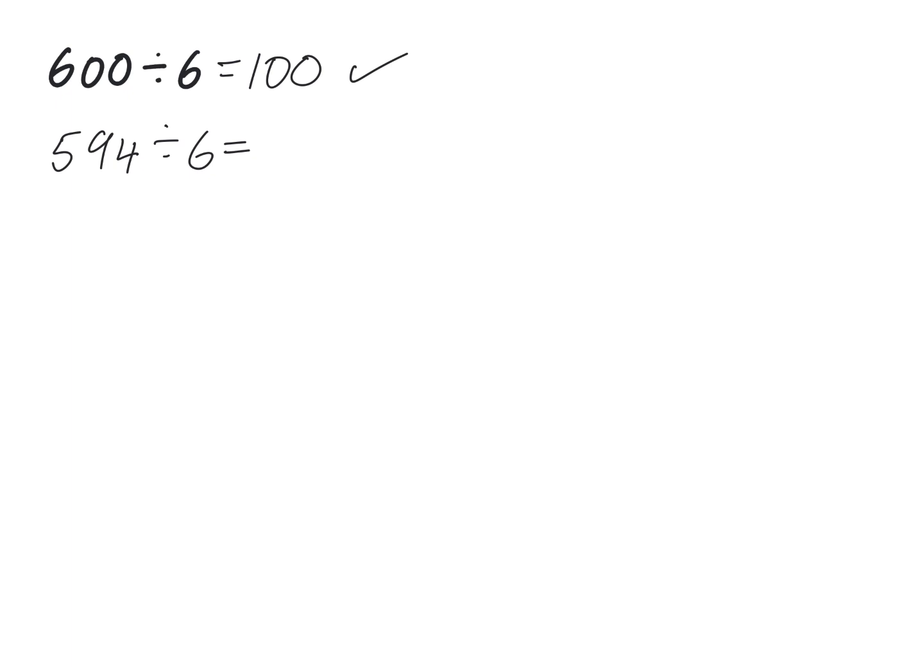594 divided into groups of 6 equals, or how many groups of 6 equals 594, given that we know 100 groups of 6 equals 600. So this notion of groups of 6 is a really important aspect here.